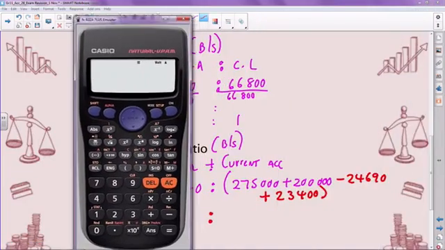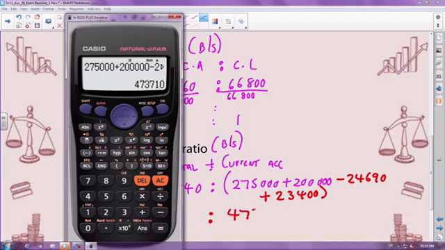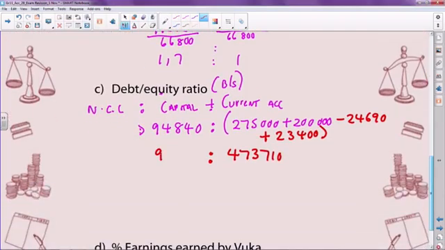Starting with 275,000 plus 200,000, so that's my capital, minus 24,690 plus 23,400, and that gives me my equity, which is 473,710. Okay, right, so to work out this ratio, let's just bring this figure down.